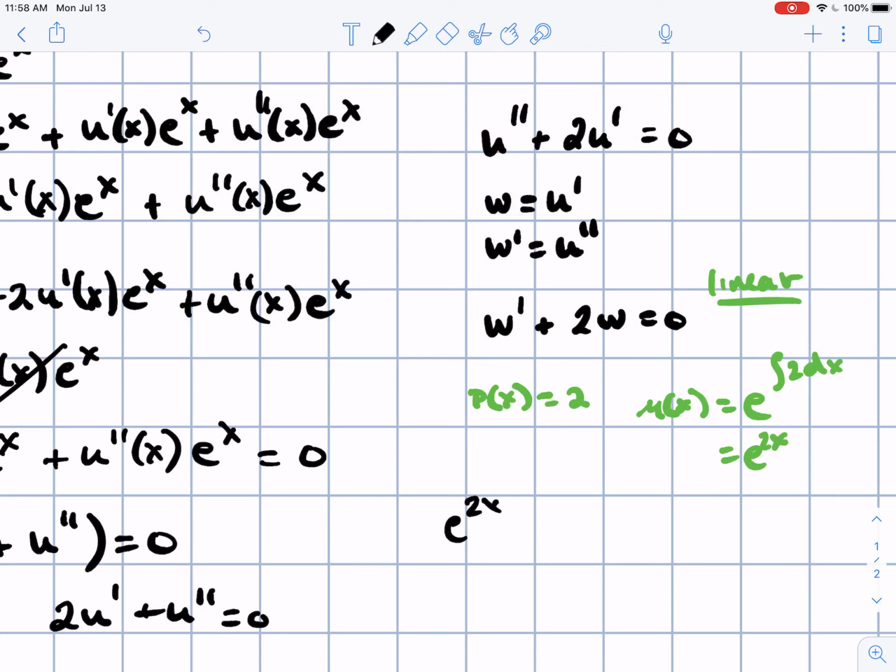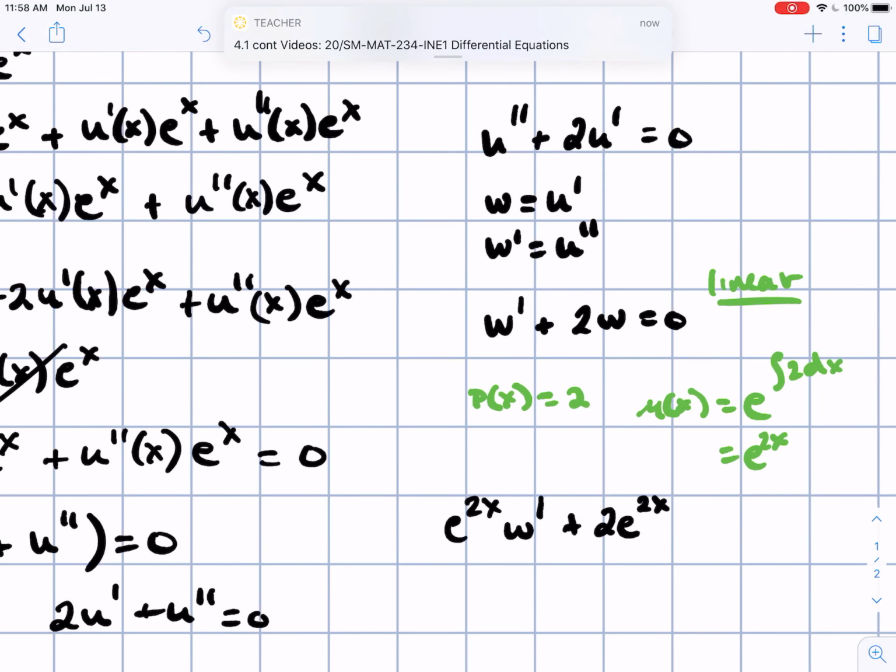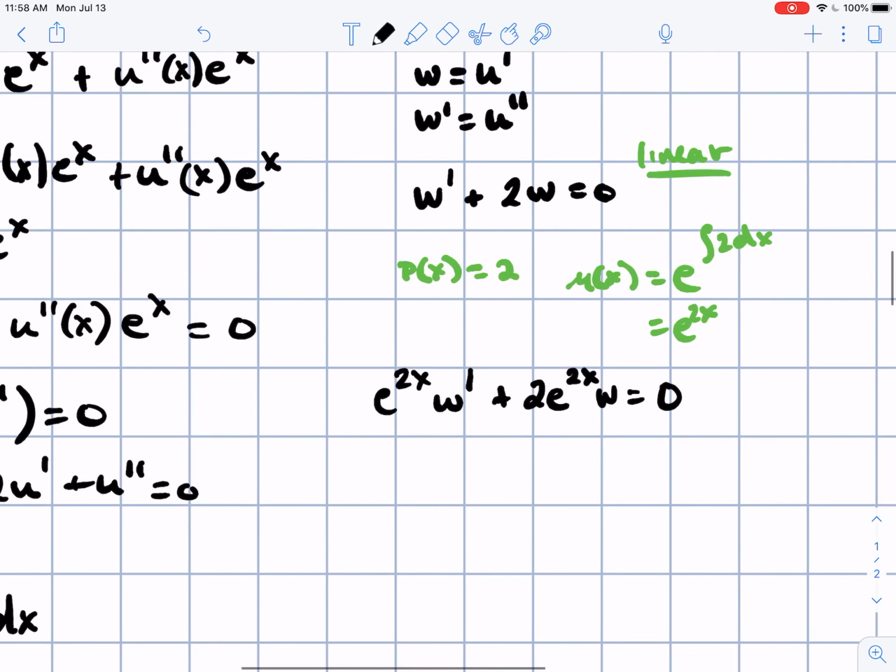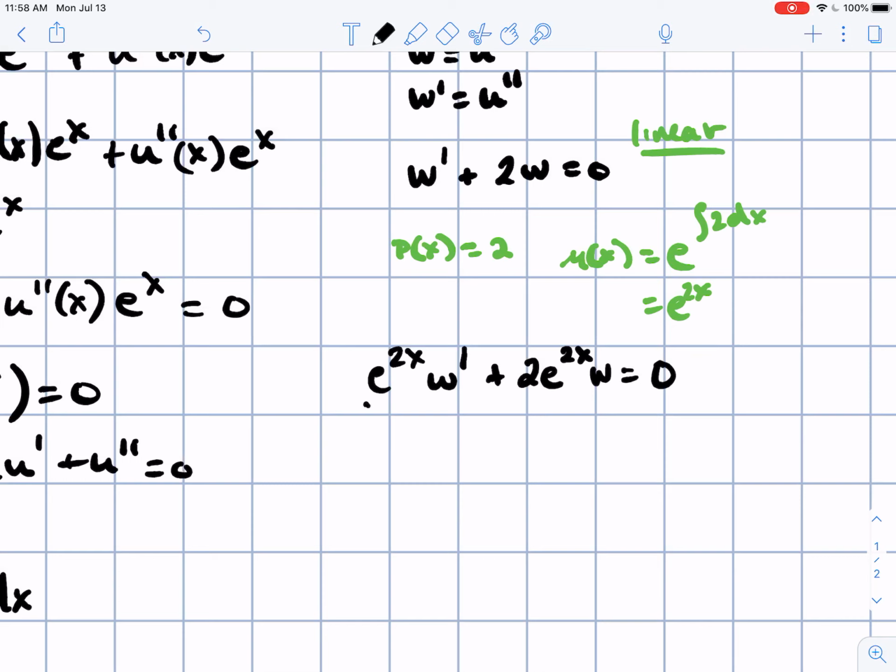So I have e to the 2x w prime plus 2e to the 2x, oh, I forgot my w, w equal to 0. And now we know that this is just the derivative of e to the 2x times w.